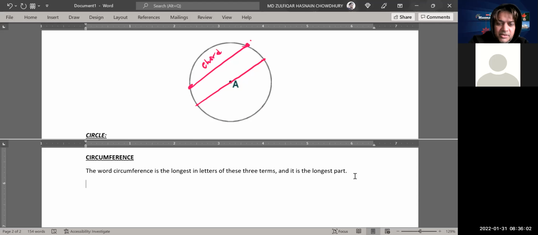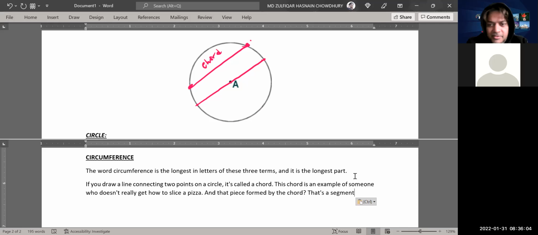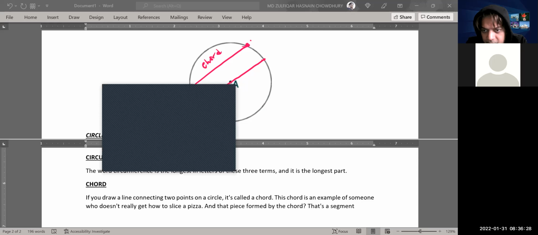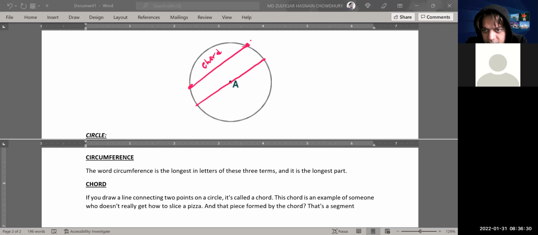So how many terms have you become familiar with? Five. Tell me one by one. Can you tell me the names of the terms you learned?